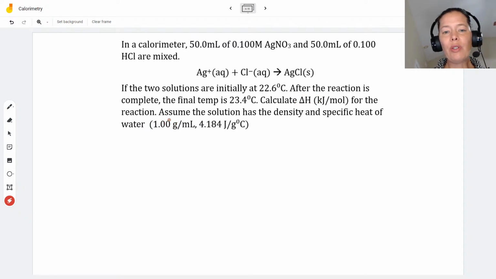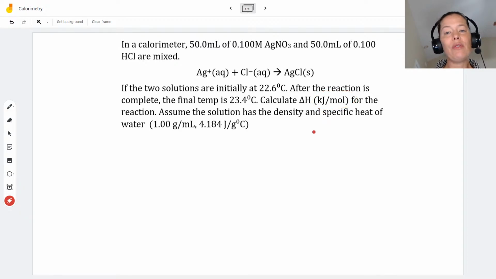Now, we are going to assume that the solution has the density and specific heat of water. That is a really big help because that is going to simplify things for us. Again, we are in a calorimeter, so we are going to assume that no heat is lost to the environment, so we don't have to take that into account. All right, so this is where we're going to bring Q into calculating enthalpy or delta H. When I'm doing these problems, I always like to focus in on units.